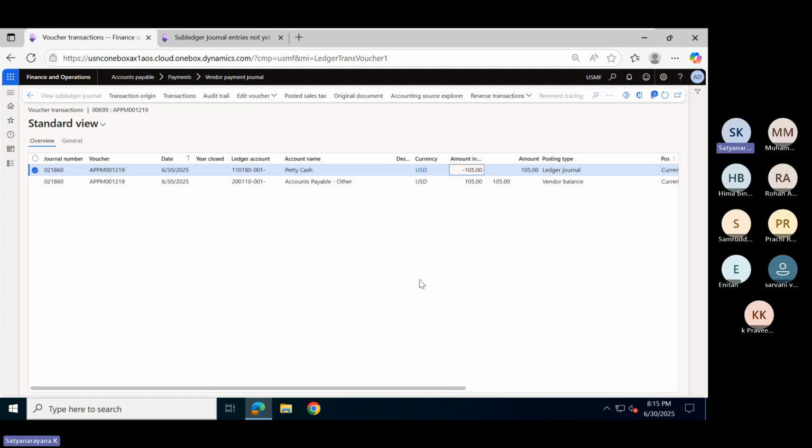Yes, exactly right. Minus is a credit, and without a symbol means it is positive. It is debit. Minus is always credit.